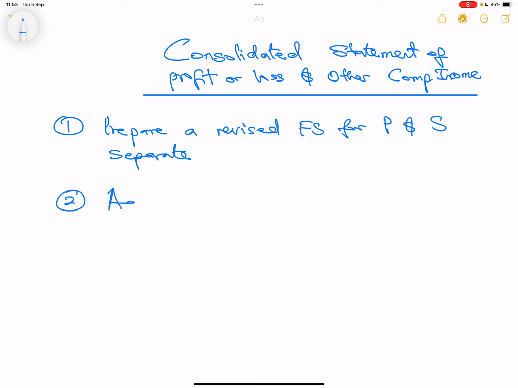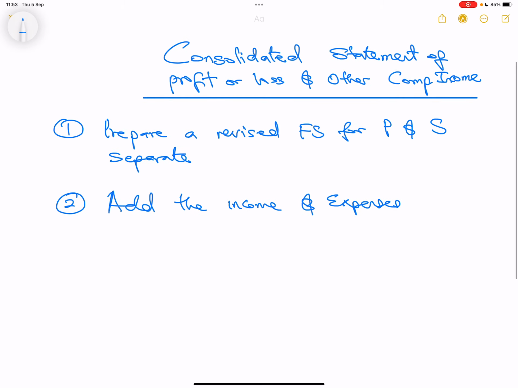Once you've done that, you add the income and expenses. That is just simple, right? Which is the consolidation itself. So all of them.